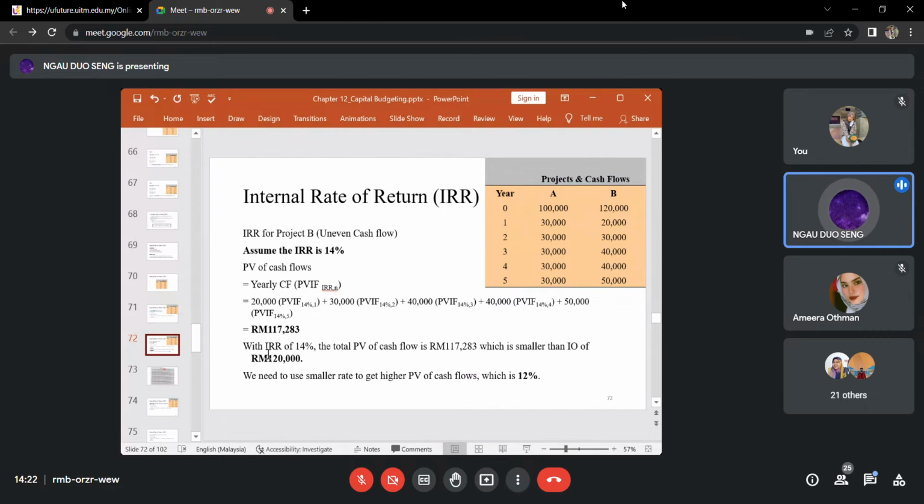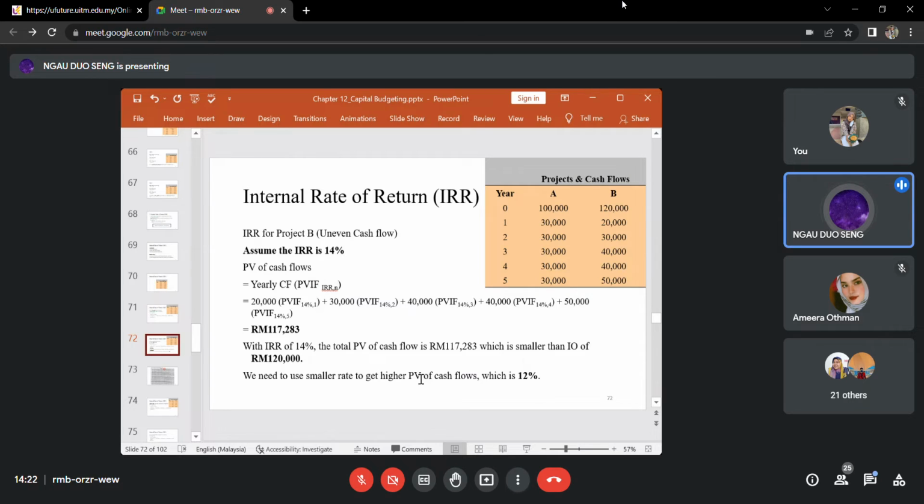So with IRR of 14%, the total present value of cash flow is 117,000, right? Which is smaller than the initial outlay. The initial outlay adalah 120,000.